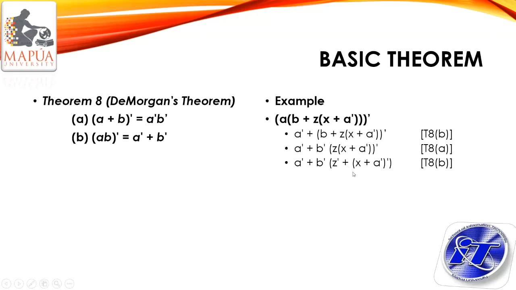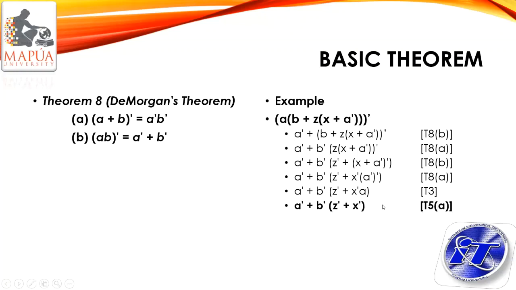And still we have a common negation here, so we could implement form A. Now OR will become AND, separate the negation between variables. And this will be our answer.